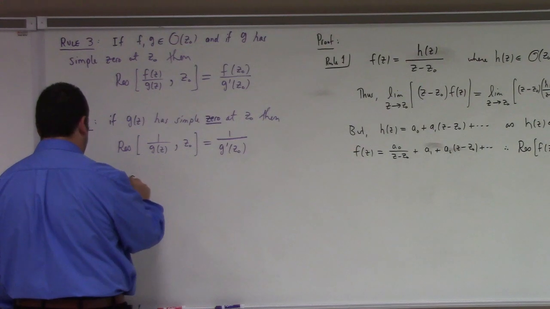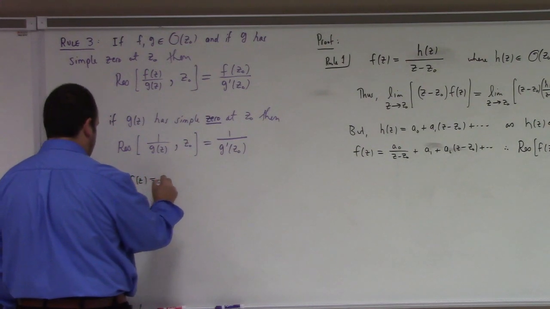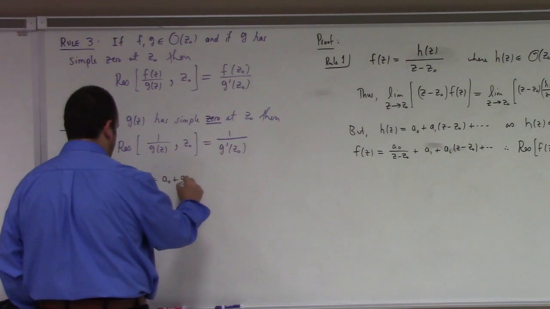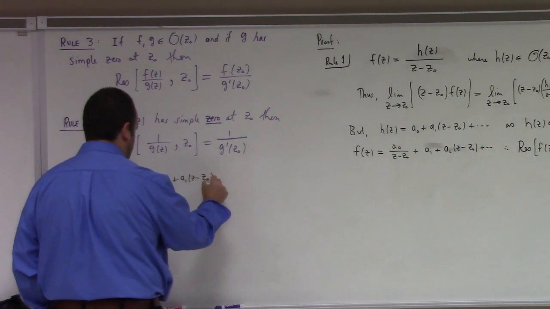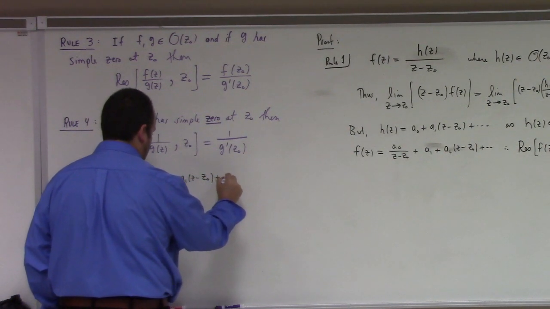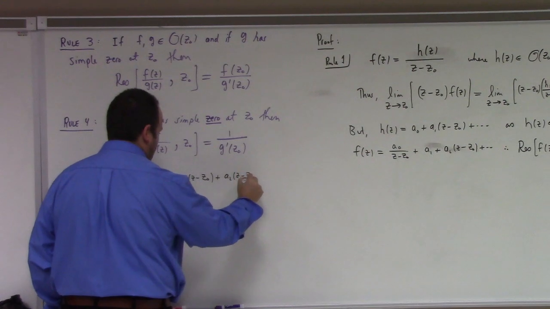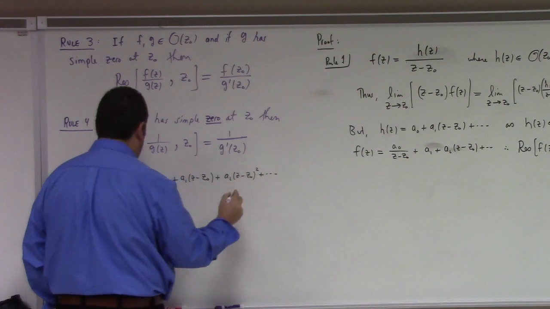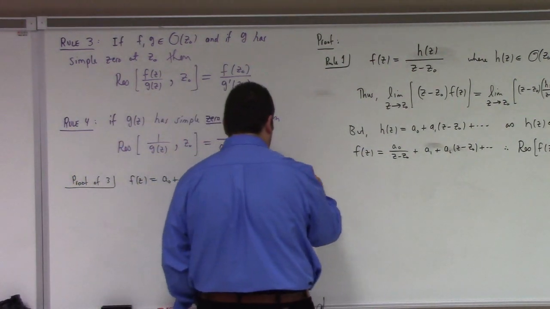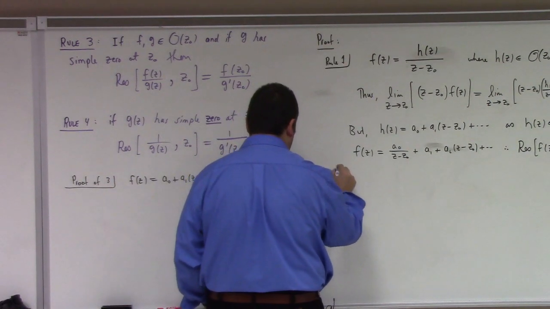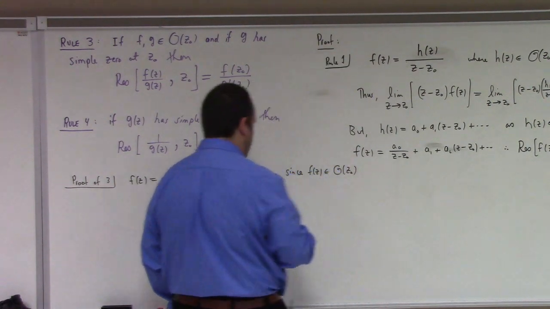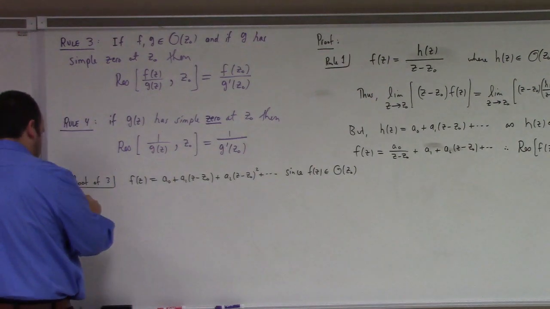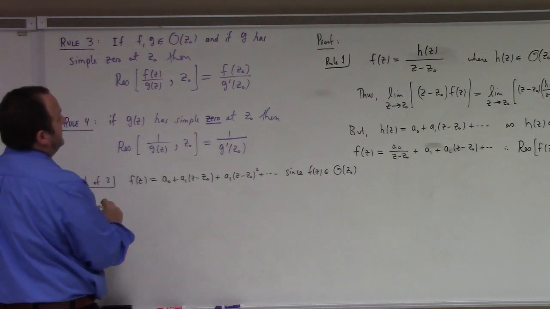Let's see here. So we have f of z is equal to, let's say, a0 plus a1 times z minus z naught plus a2 times z minus z naught squared plus dot dot dot, since f of z is holomorphic at z naught. Also, g of z is a simple 0, right?